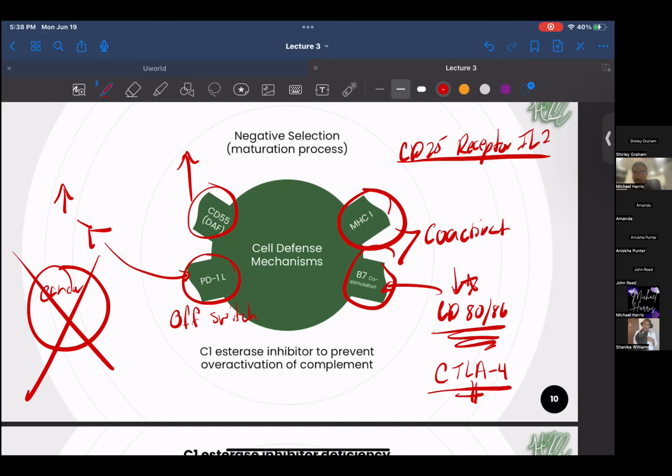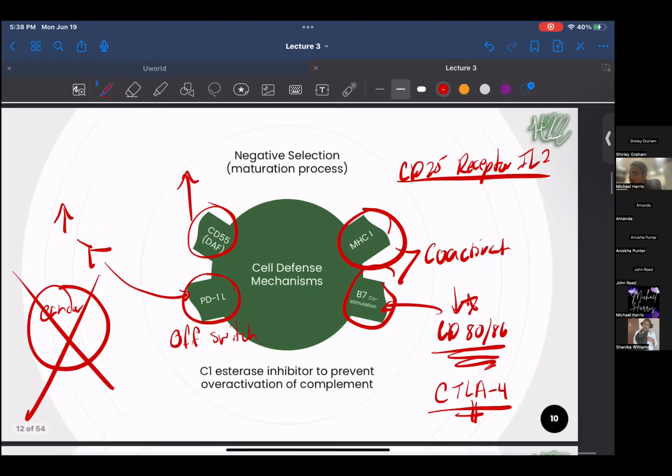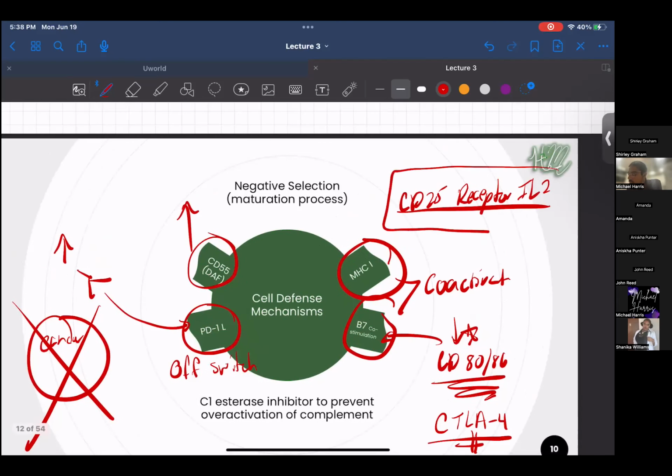Now, with renal transplants, remember we talked about this pathway, CD25, IL-2. This is mainly where renal transplant come into play because you want to stop the immune response from even starting. Okay. So that's why you use those guys for conditions like transplantations, IL-2 blockers, and stuff like that.